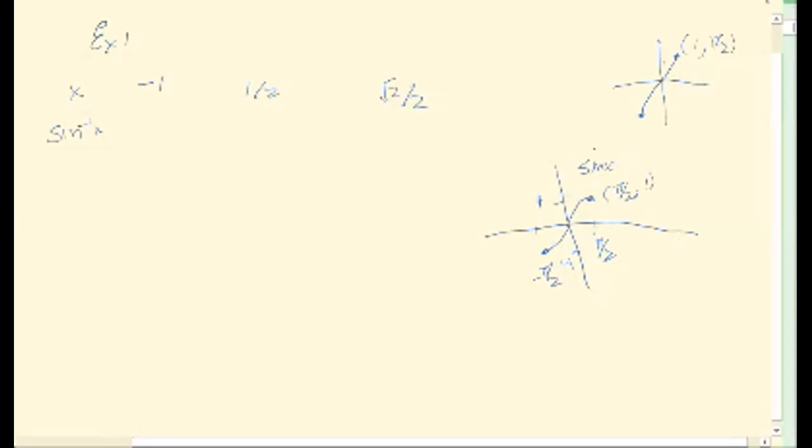Likewise, this point down here is -1, -pi/2, and we have all the in-between points. So -pi/2 to pi/2. This is the x, and this is the y. So this is the inverse sine.